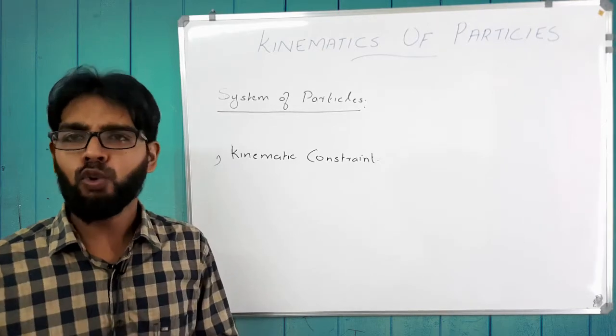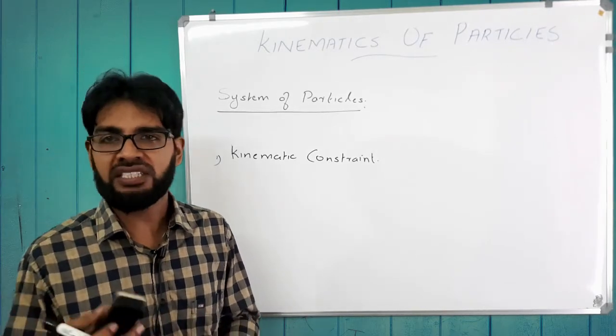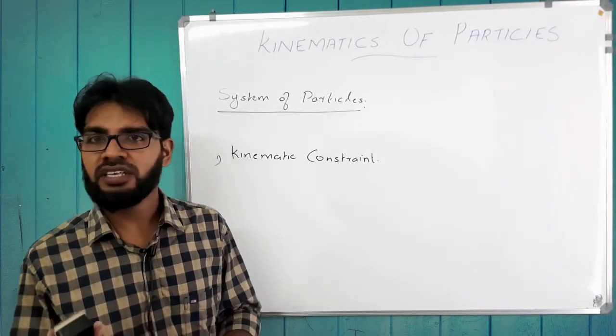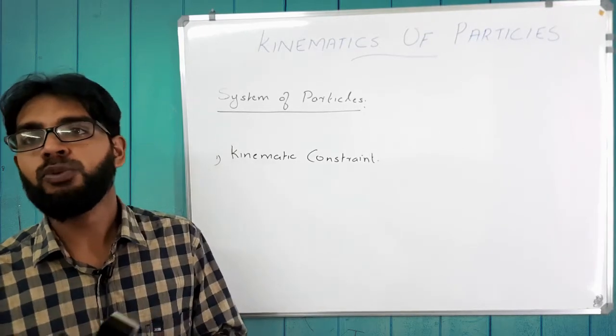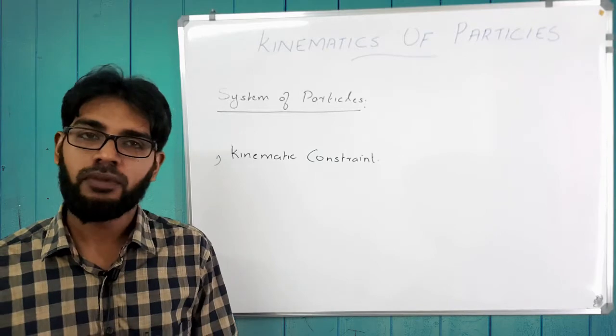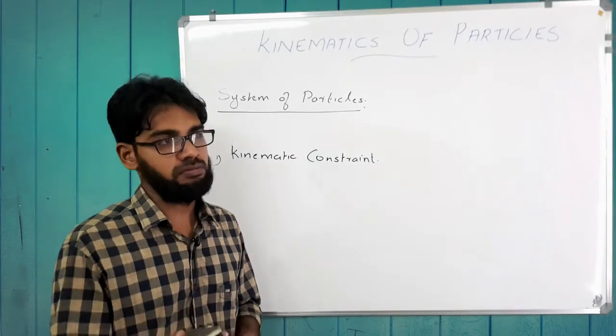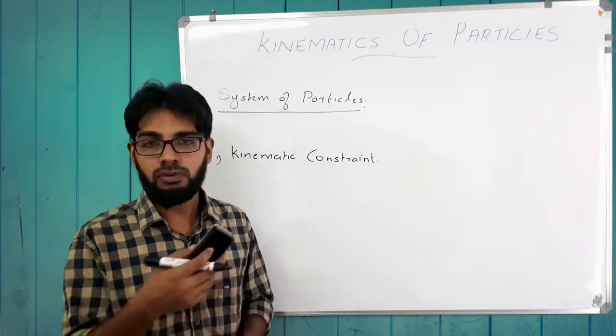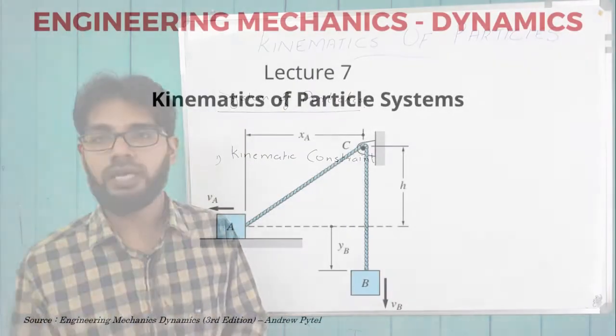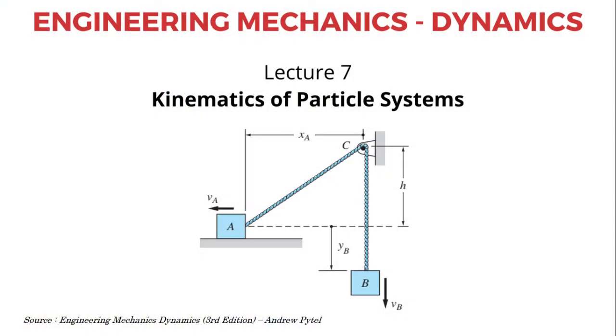They may be due to any rigid or flexible members, or sometimes even forces that are connected in between these particles or bodies. Examples include cases of inextensible strings or rigid rods, etc. In this case here, the total length of the rope does not change, which is a kinematic constraint.